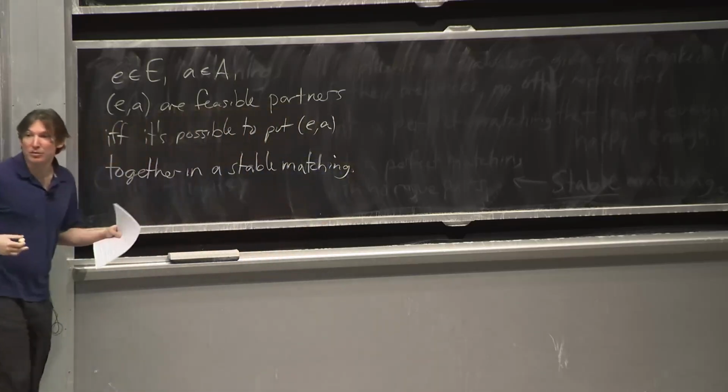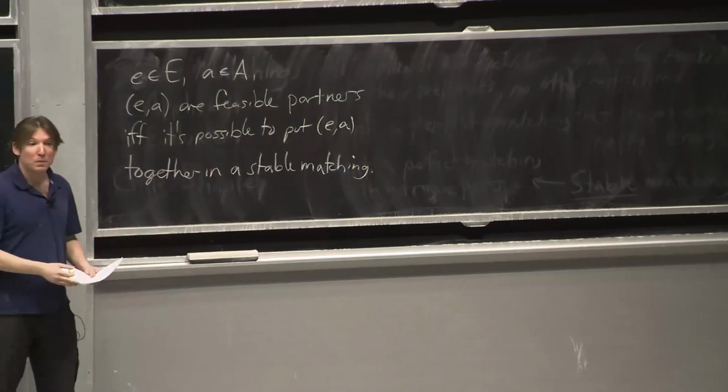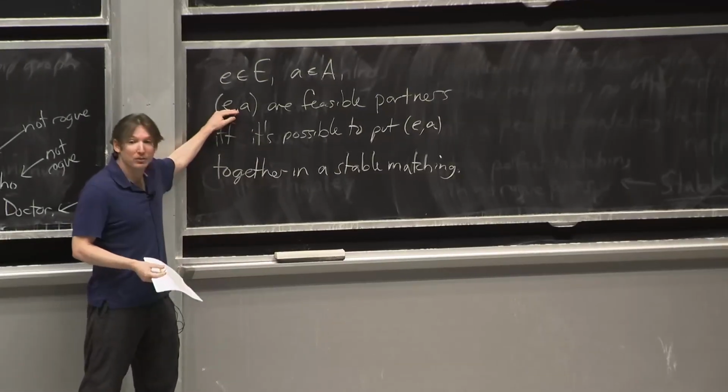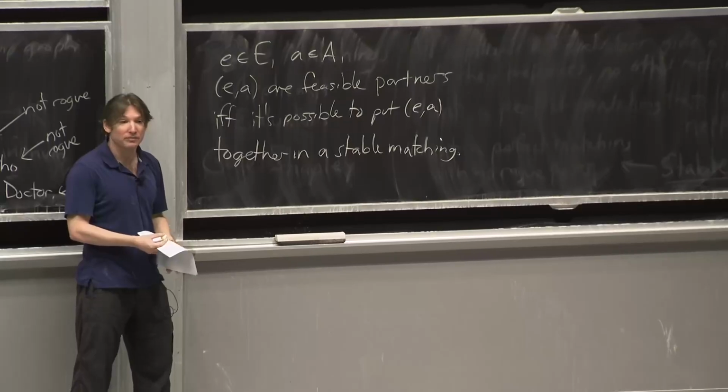Not necessarily the stable matching that the algorithm gives, but if there's any stable matching that pairs E with A together, then we'll say that they are feasible partners.